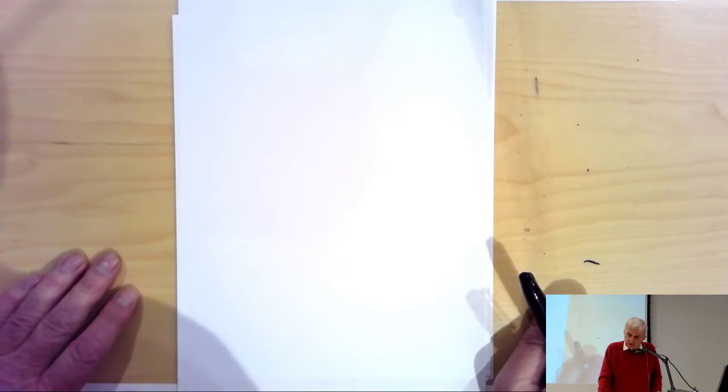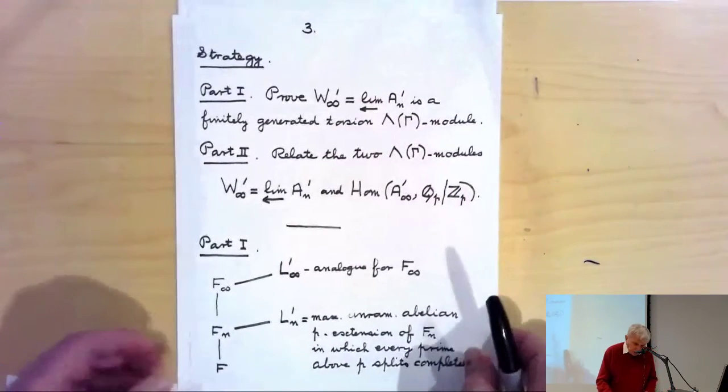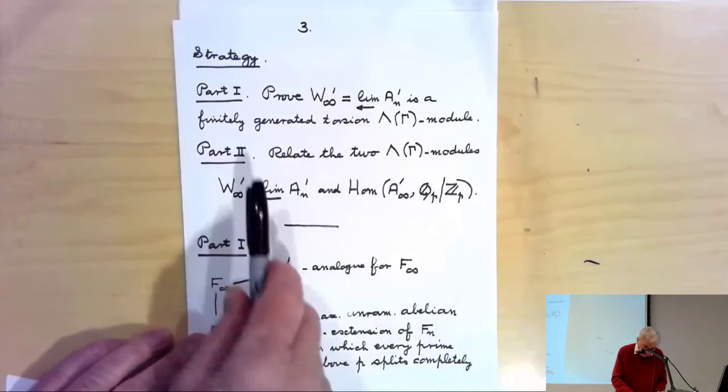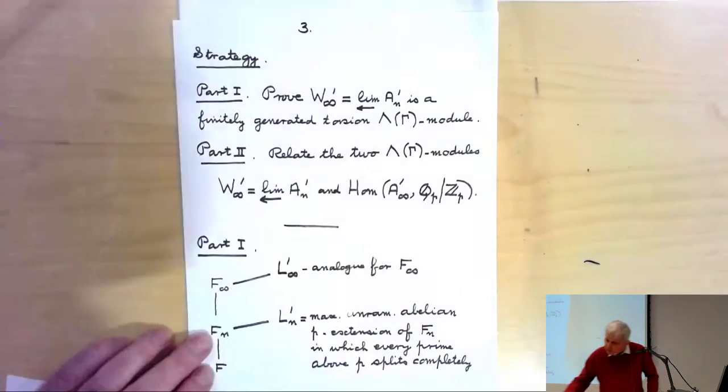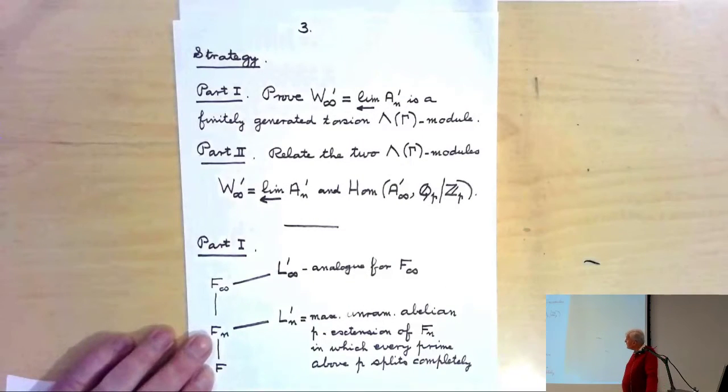So to carry out the argument, which is the strategy Iwasawa uses, we have to take a different approach. And the approach is to use this other module, W infinity prime, which is the projective limit of the A_n primes.